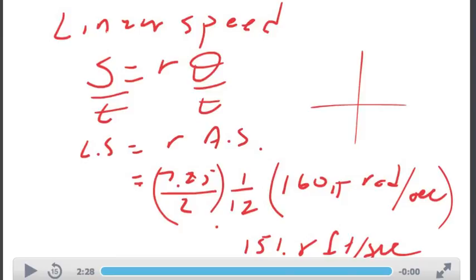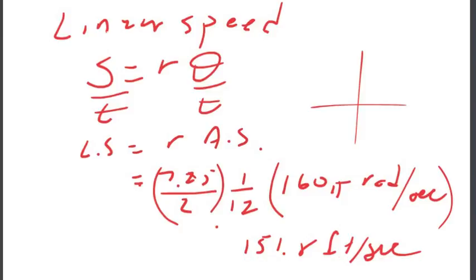The radius was given to us, actually the diameter, as 7 1/4 inches, so we divide that by 2 to get a radius, divide by 12 to get feet, and then multiply by the angular speed of 160 pi radians per second. That gives us the result of 151.8 feet per second as the linear speed of the saw blade.